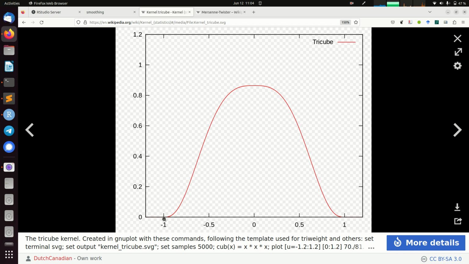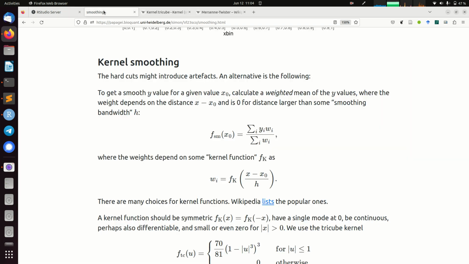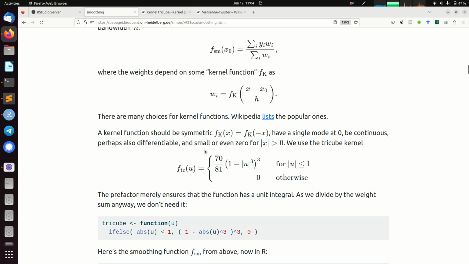Outside of it, it is 0, it is continuous and differentiable here. And in the middle, it has a flat top, which is also nice because it spreads things out a bit. The tricube kernel, I'm sure somebody just played a long time till he found something like that, which is differentiable here and flat here. And then they came up with this funny function, 1 minus absolute value of u cubed, and this whole thing to the cube.